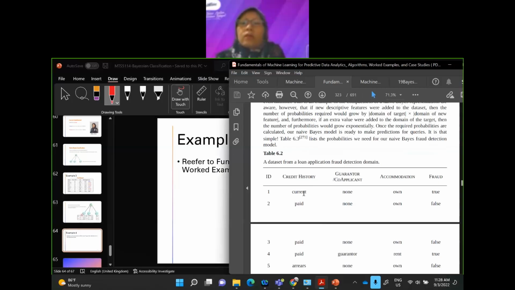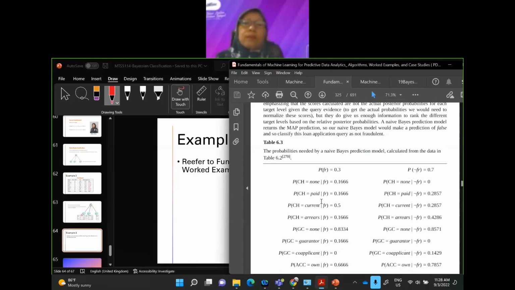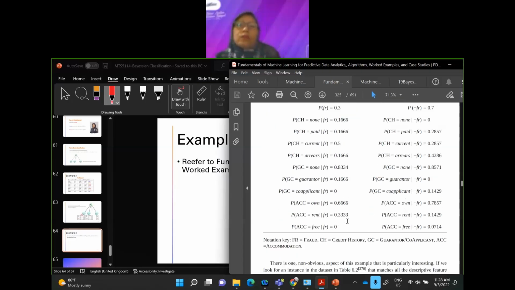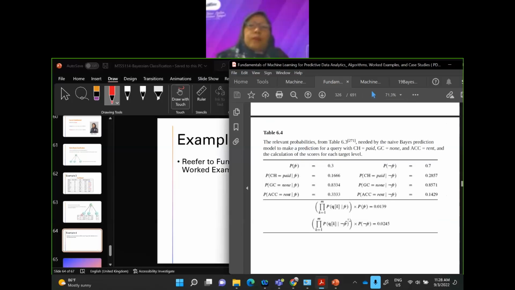So what is the probability of this condition with fraud true, and then again another condition with fraud false, for instance. So you have to compute all of them. Okay. After that, you sort them. Which one is the largest one, right?